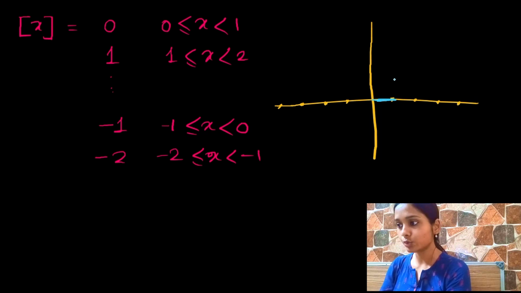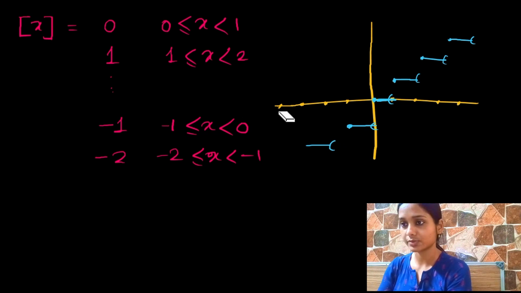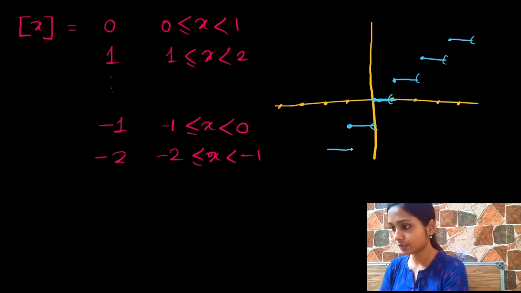For 1 to 2, it has value 1, so it will be like this, closed on this side and open on this side. Similarly for 2 to 3, it has value 2. Similarly for the -1 to 0 interval, it has value -1, so it will be like this.